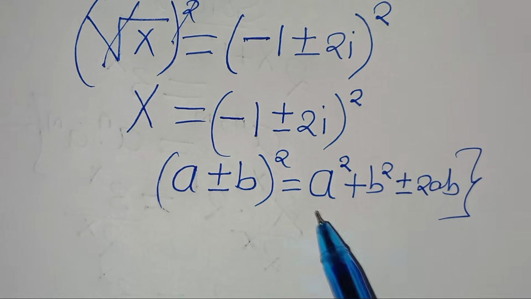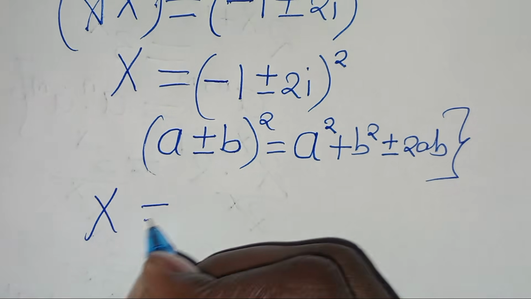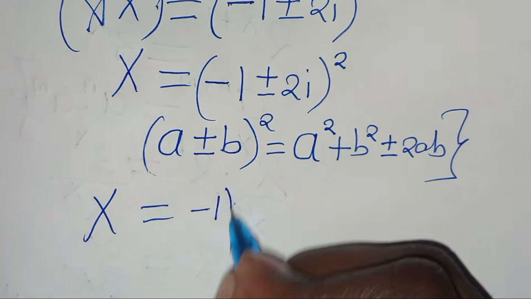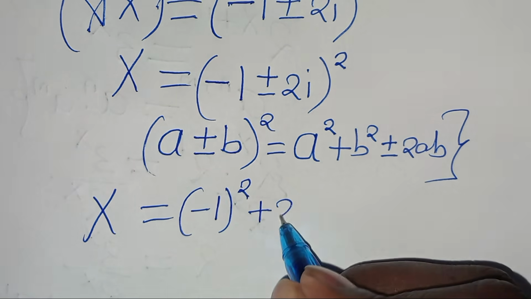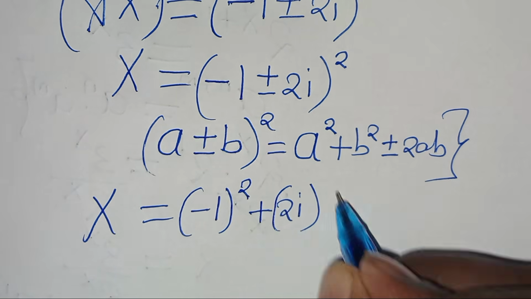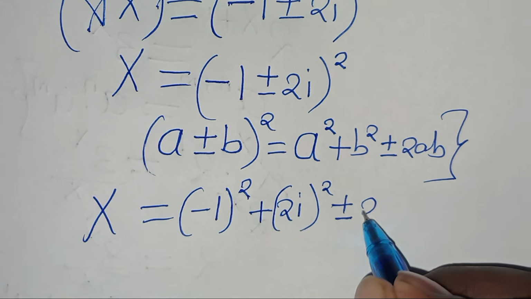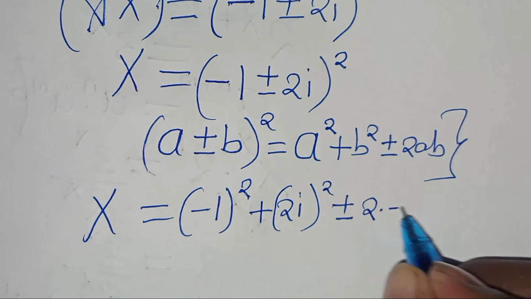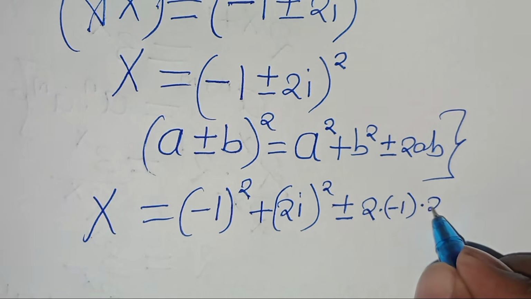So let's apply this algebraic identity so that we have x is equal to negative 1 raised to the power of 2, then plus 2i raised to the power of 2, then plus or minus, we have 2 multiplied by negative 1, then multiplied by 2i.